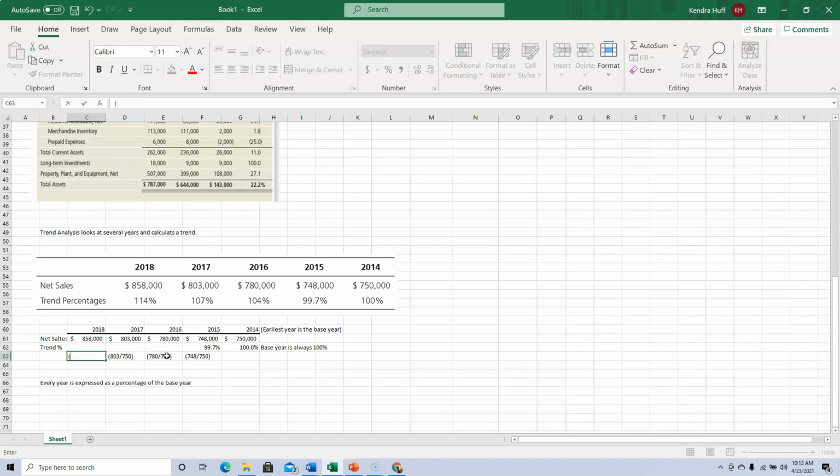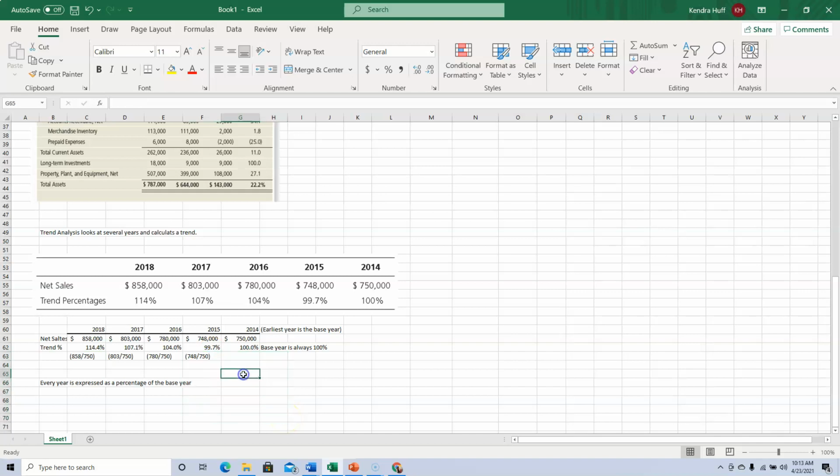And this one's going to be 858 divided by 750. And it would continue on.